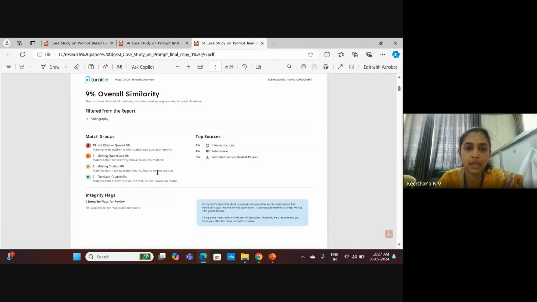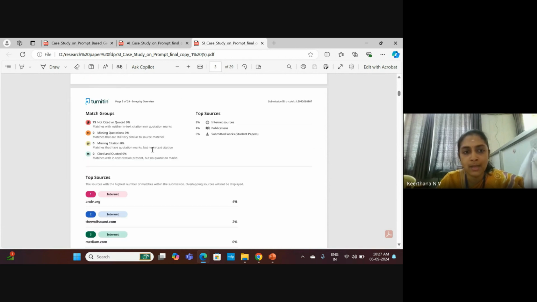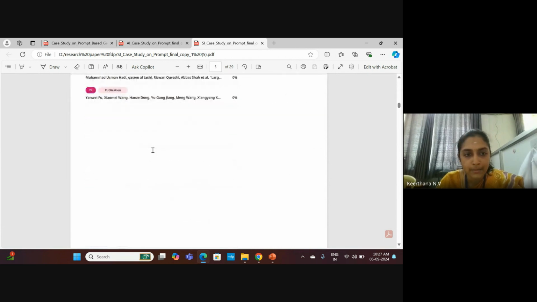The first thing, before submitting your paper, please check for plagiarism. Your AI-rewritten content plagiarism should be 0%. The overall similarity can be below 5%; up to 5% it can be accepted. So maintain below 5%. But AI content rewritten plagiarism should be 0%. Then only your paper is considered to be a legitimate one.